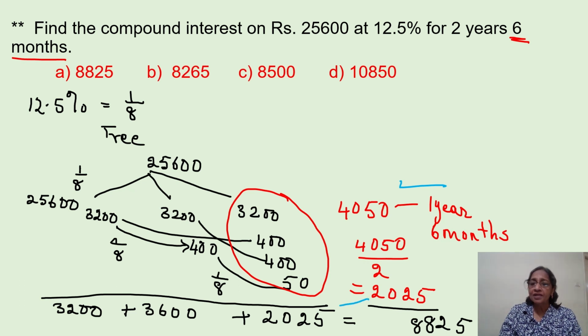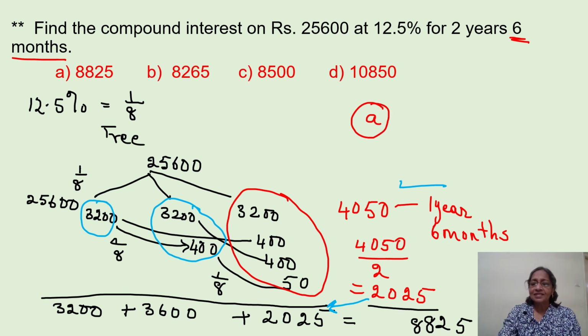So this would be the interest for the 6 months. And for the first year, second year, 3,200 for the first year from here, 3,200 plus 400, that is 3,600. So when you add all this, you get 8,825. So our correct option is the A option.